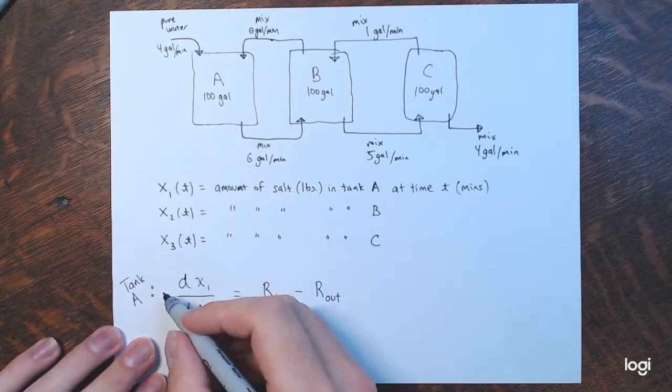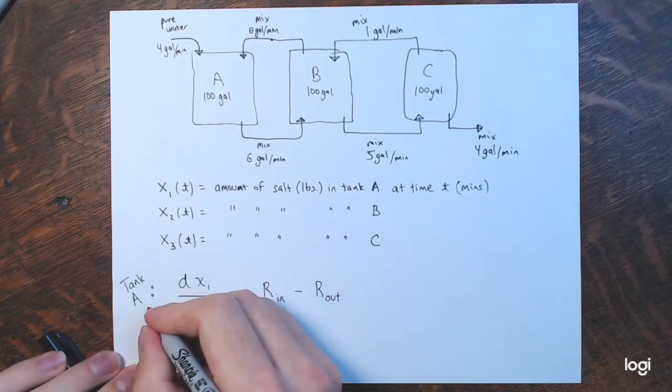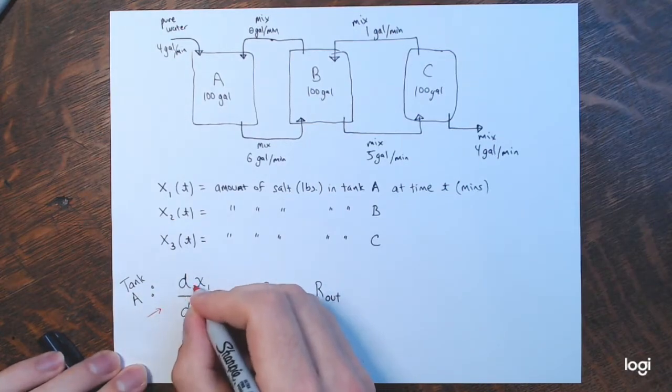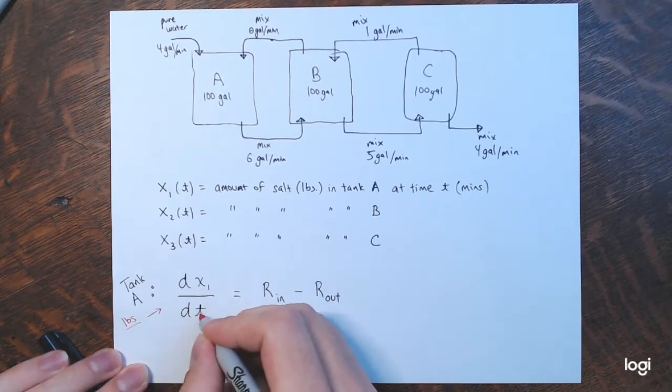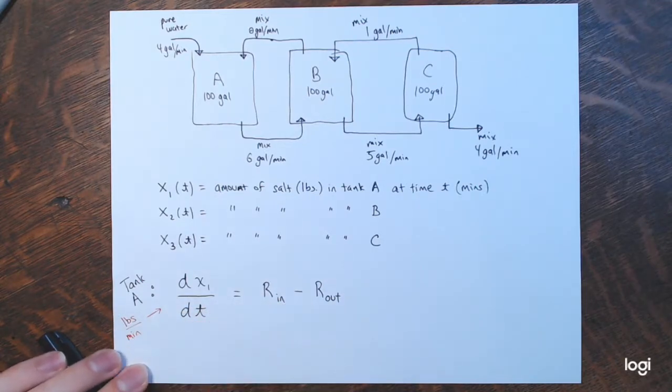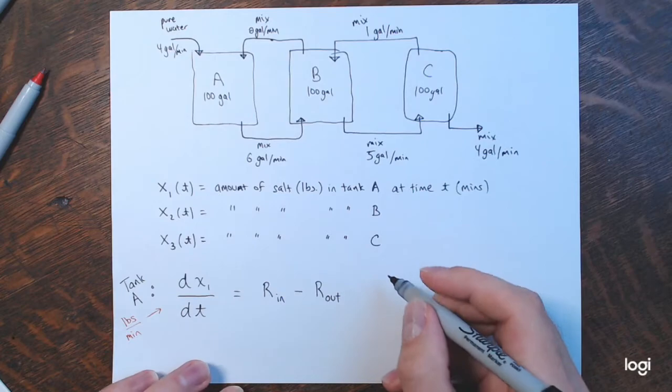And all the units on these should be in pounds per minute, right? Because the numerator is a change in the amount of salt, which would be in pounds. Denominators are change in time, which would be in minutes. So all these rates I'm finding should be in pounds per minute. All right.